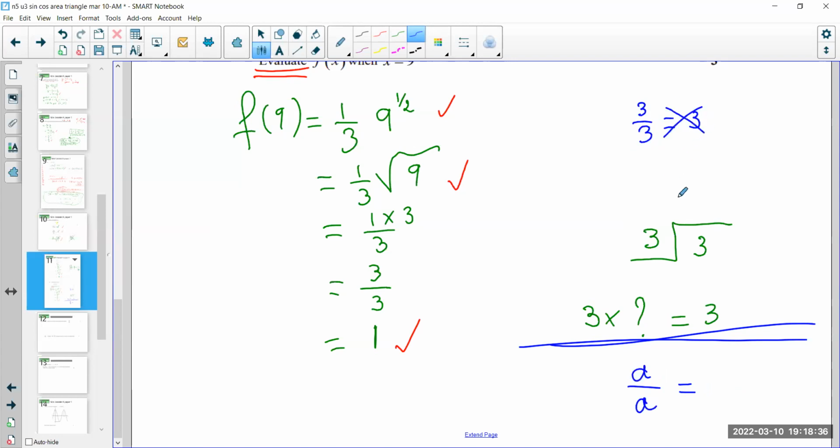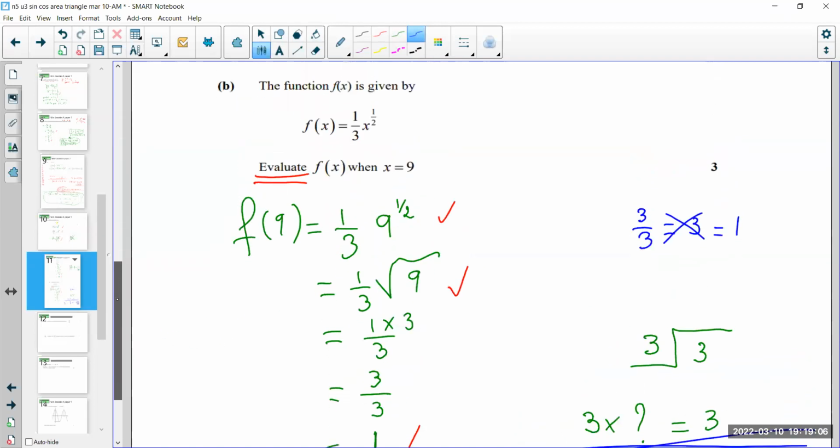No. So what is 3 divided by 3? 1. What is A divided by A? 1. What is B divided by B? 1. What is a million divided by a million? 1. There you go. You need to get that into your head, guys, because have you noticed 2 questions came?